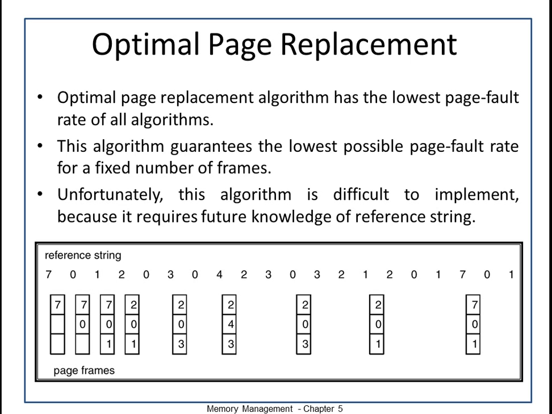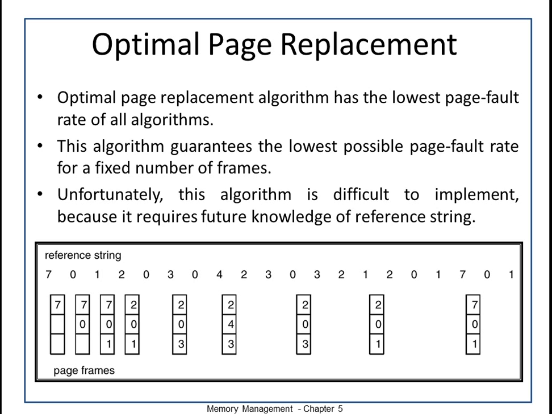Now the next page required is 2. Now out of these three, 7, 0, 1, we need to select a victim frame in such a way that the page which is not required immediately, means the page which is required far in future.